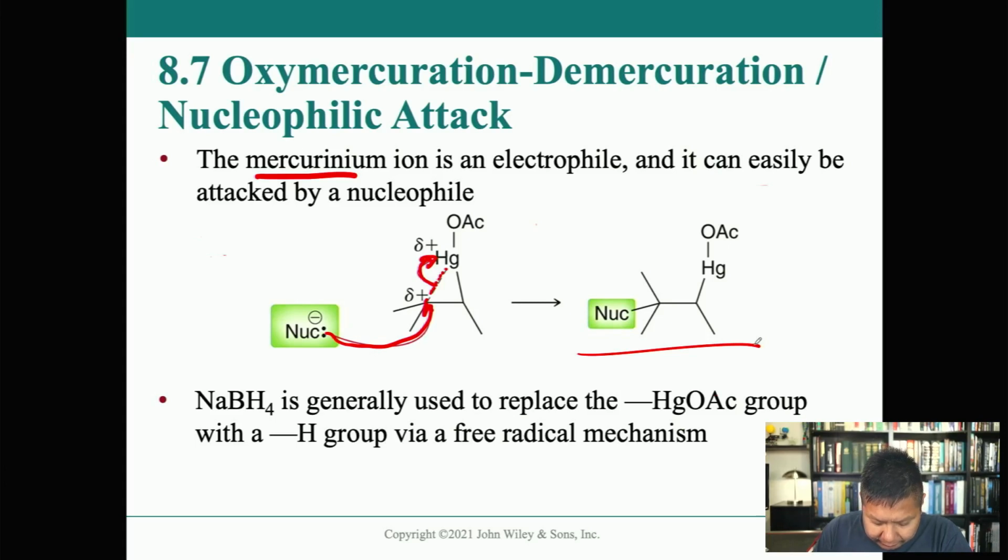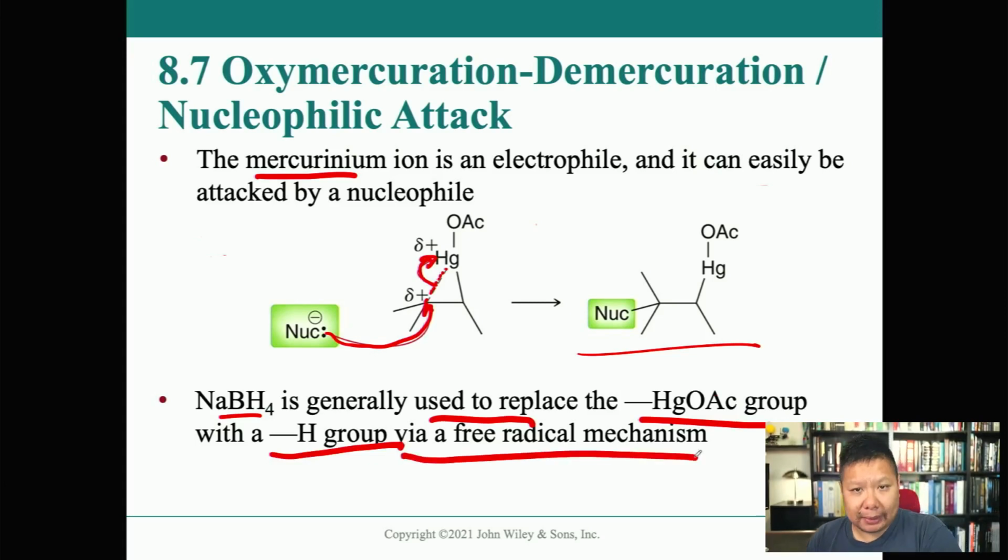So generally, sodium borohydride is then used to replace the mercurium ion with a hydrogen via a free radical mechanism. We're not going to go over any radical mechanisms right now, because that's later in this semester.